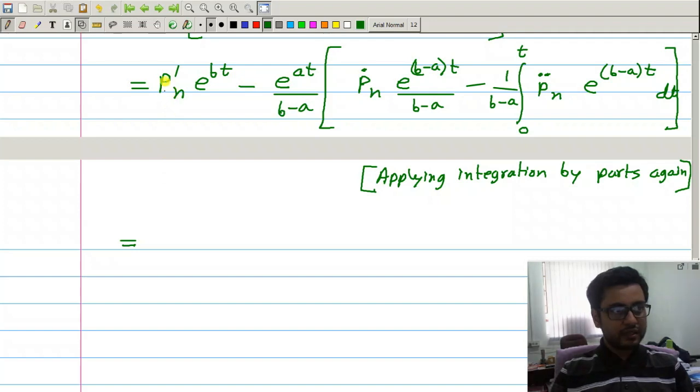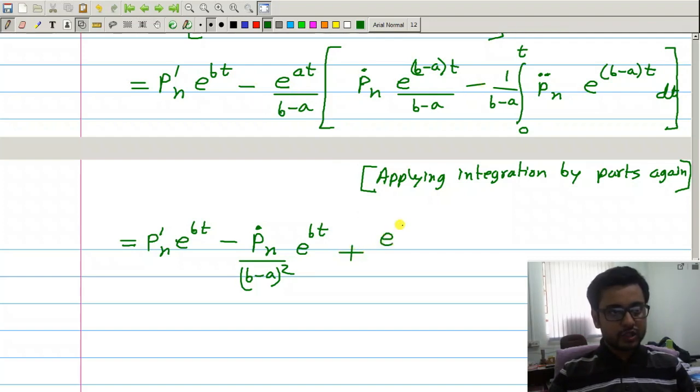Now we can write this as this: first term as it is, then let me multiply e to the power this part inside, so we will have p dot n, and whole divided by b minus a whole square, this one and this one, then e to the power plus a minus a cancels, only e to the power bt remains, then minus minus plus e to the power at divided by b minus a whole square, and then you have this integration term.